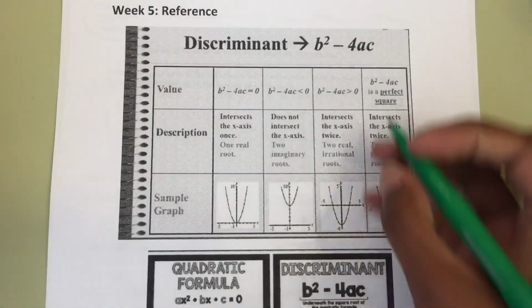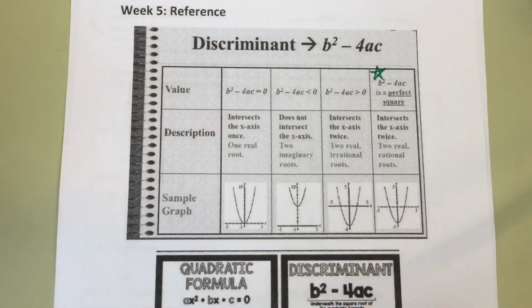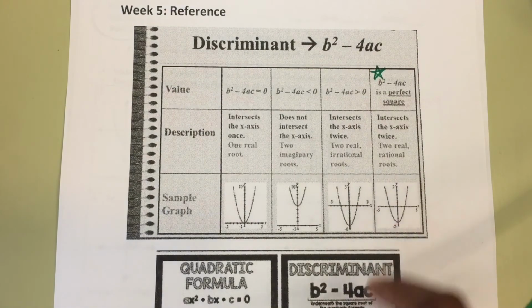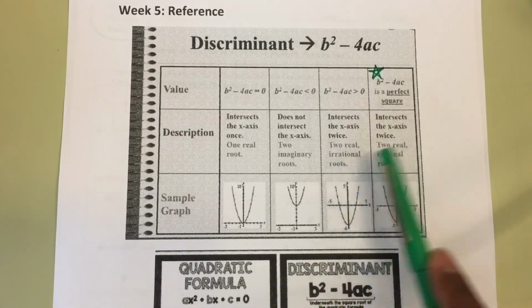The perfect squares give you rational roots. Perfect squares like 1, 4, 9, 16, 25. Still positive numbers, but it's a special type of answer. Both of these, you can just say 2 real roots.